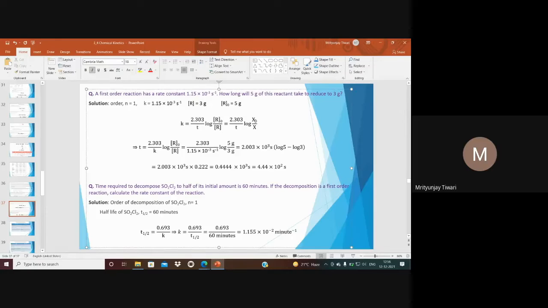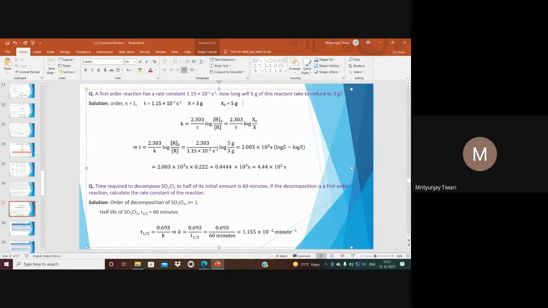where X is the amount of the reactant. One can write X, the amount of the reactant, and X naught is the initial amount in grams.